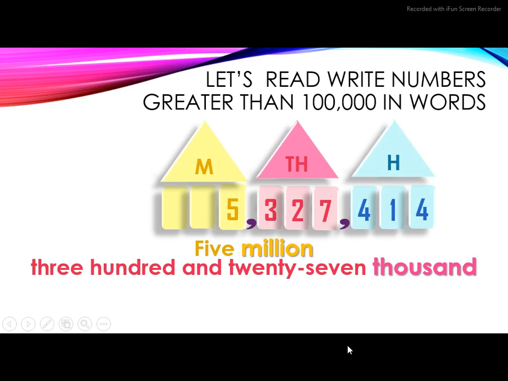Next, let's try to read the hundreds period. That is 414. Spell 4. F-O-U-R. 4. Next, 100. H-U-N-D-R-E-D. 100. And A-N-D.